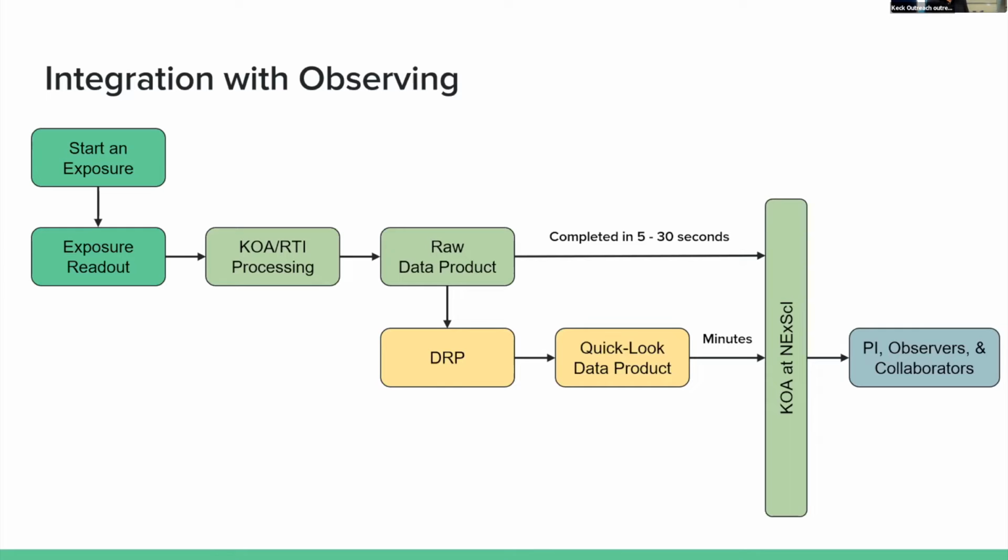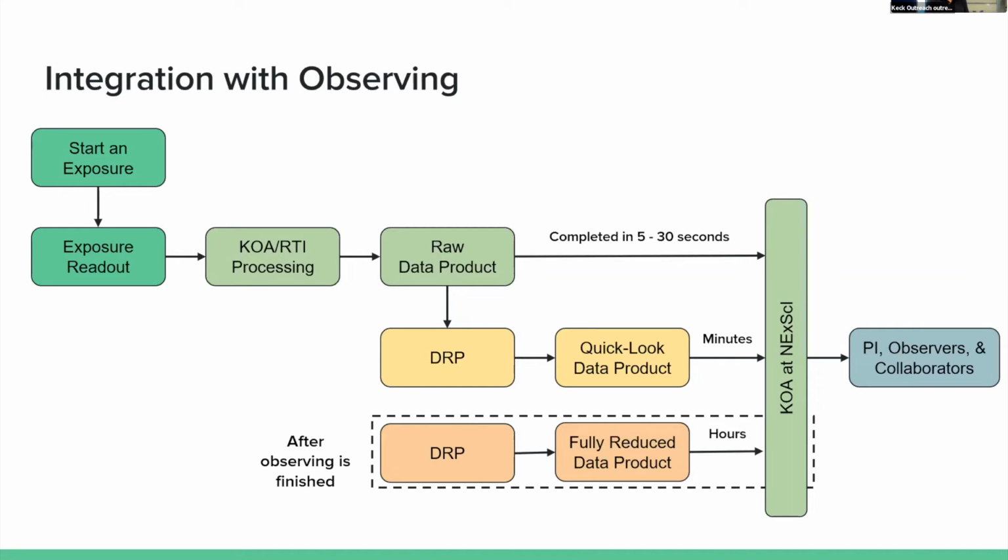It produces a quick look data product, which is also shipped to the archive and archived. This process is fully automated and it runs all night long, but there's one more piece at the end of the night. So let's say you take some standard stars in the morning, or you take additional calibrations, the DRP automatically kicks in one more time in the morning and produces a fully reduced data set for the night and ships that to California to archive.